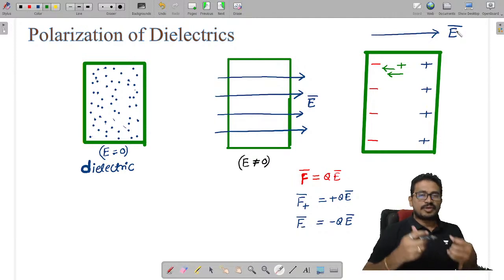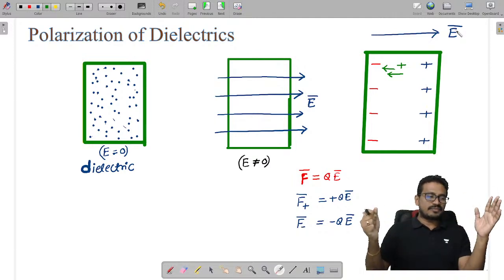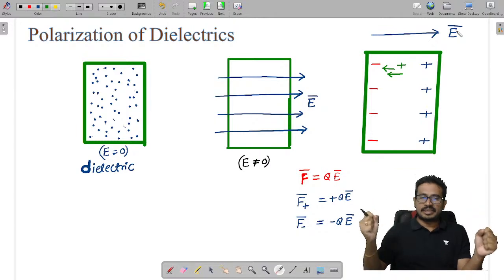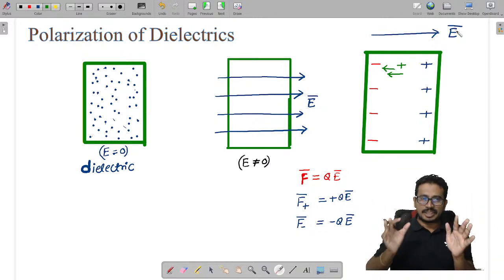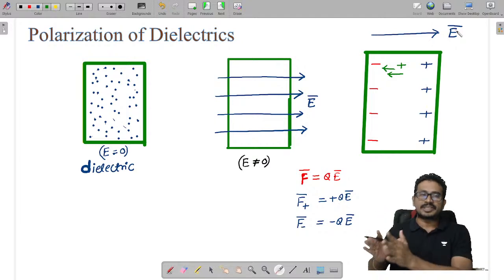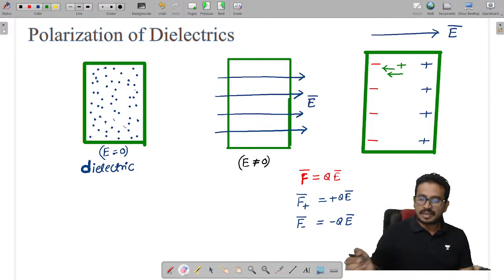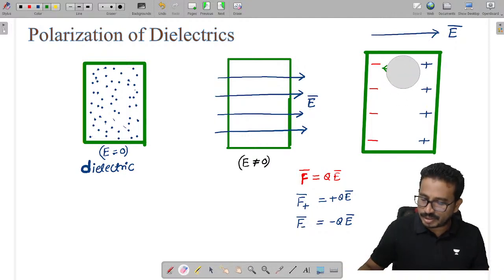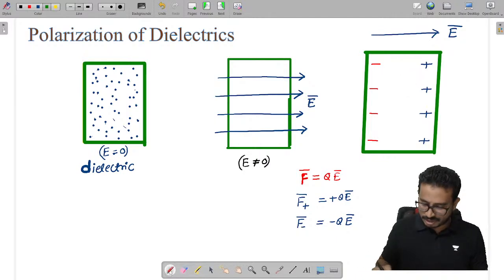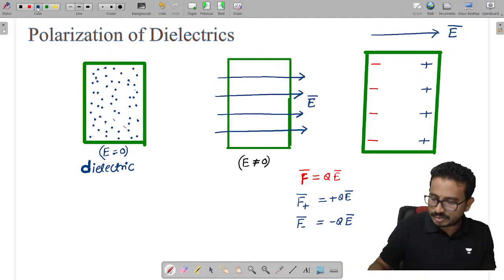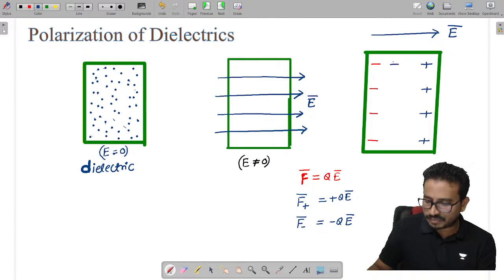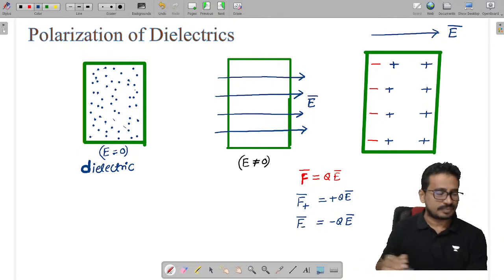When the left side force and the right side force are equal, the movement stops. Let us consider that my positive charge is able to move up to this much distance only, and this is because of repulsion.